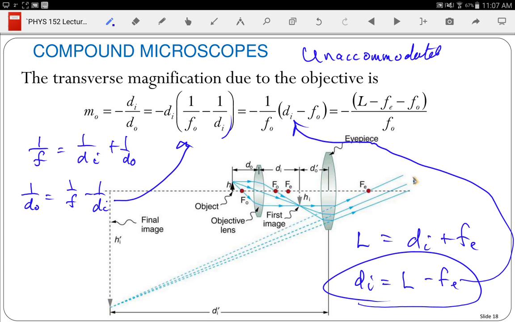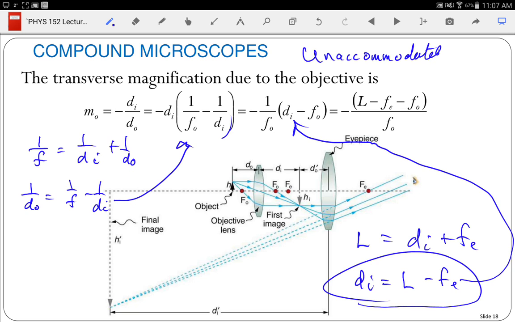And so I have the magnification for the objective. This is the transverse magnification for the objective lens, and it is minus. What does the minus mean? It's flipped, it's inverted. The length between the two lenses minus each focal length, divided by the product, or divided by the focal length of the objective.